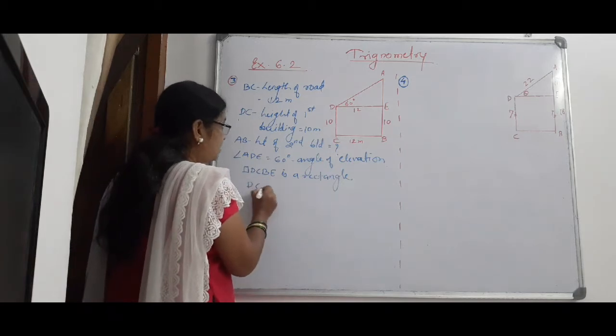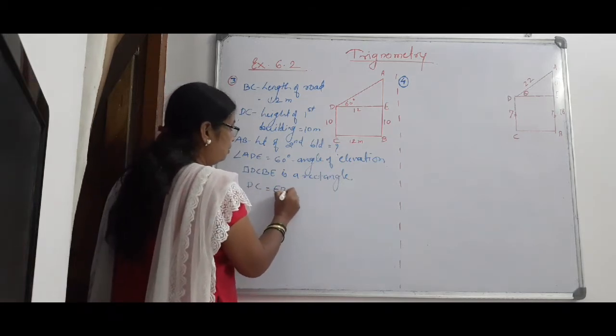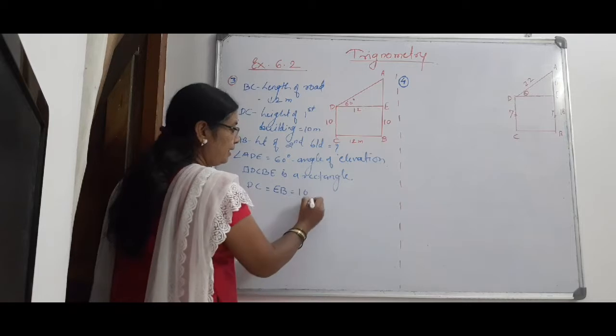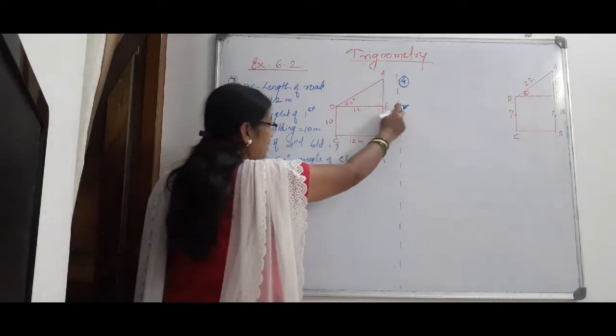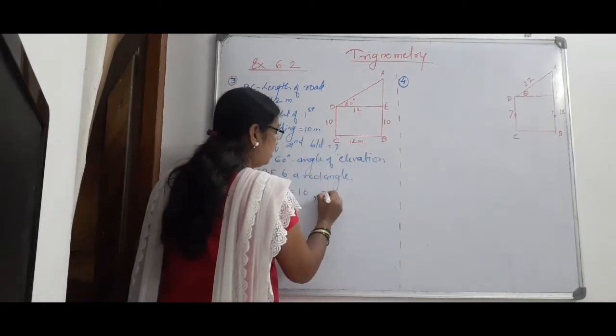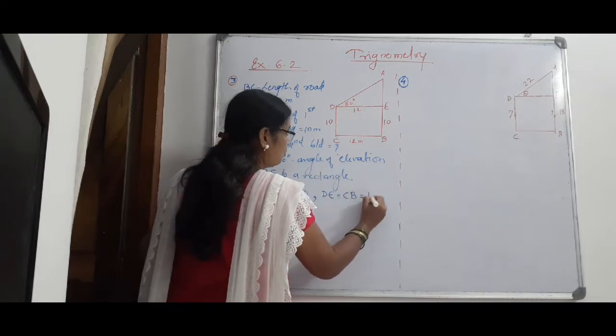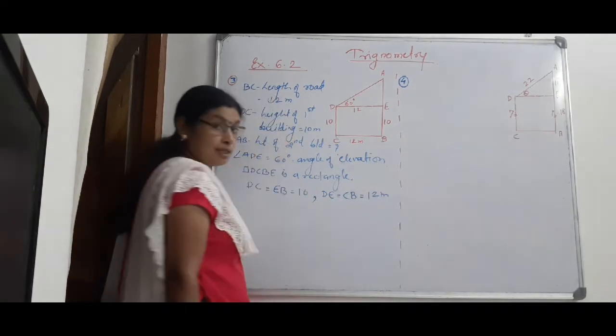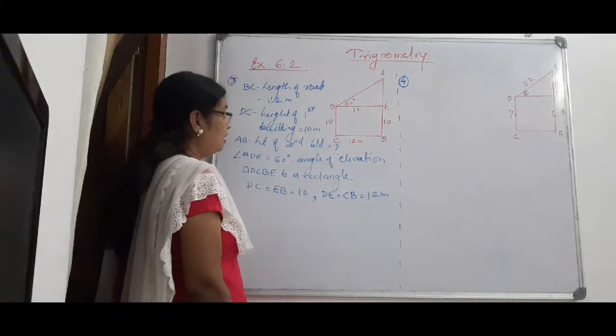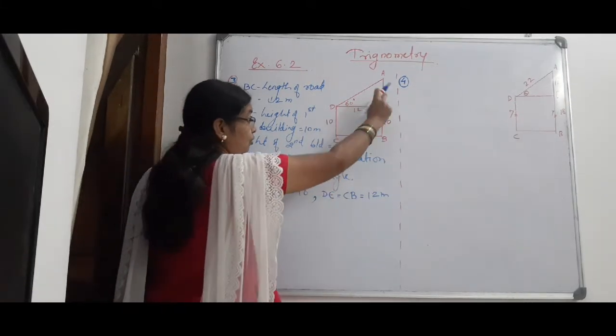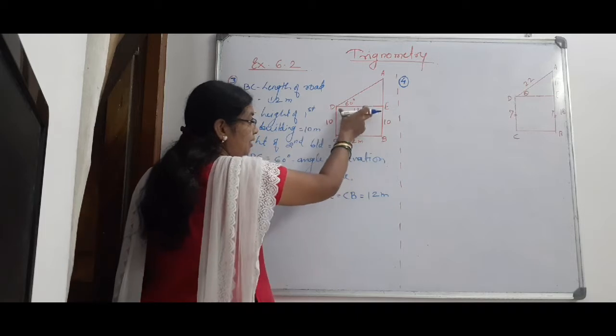So DC is equal to EB is equal to what? 10. And DE is equal to CB is equal to 12. Opposite sides of rectangle. Now what you have to find out? AE first. Now DE is 12.